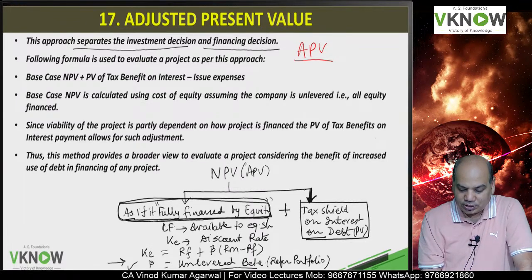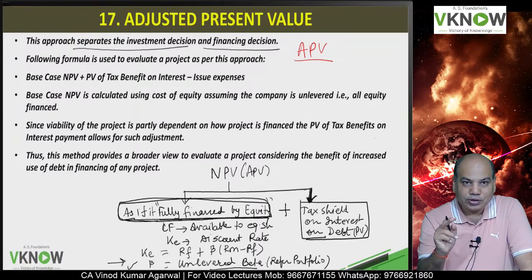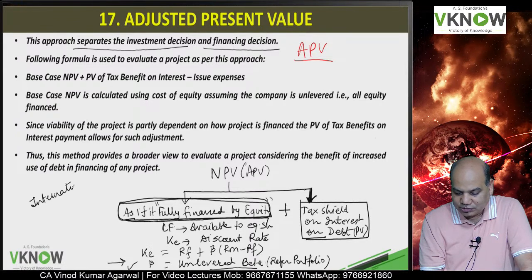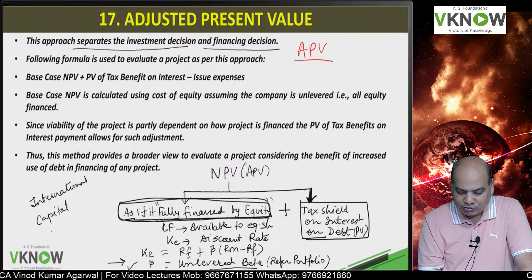This is the APV method. And just to remind you, we have done in detail one question in the International Capital Budgeting chapter in our syllabus. That question was also under the APV method.